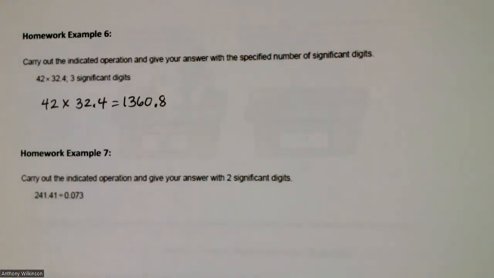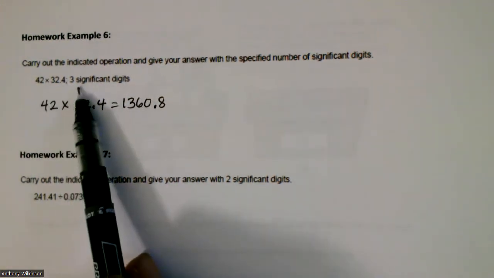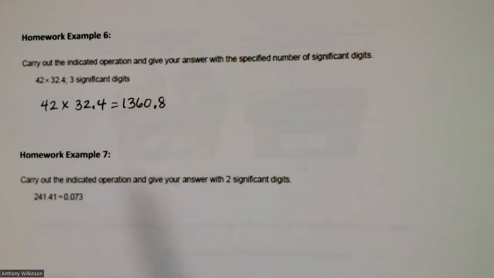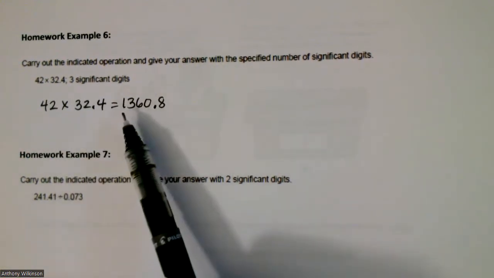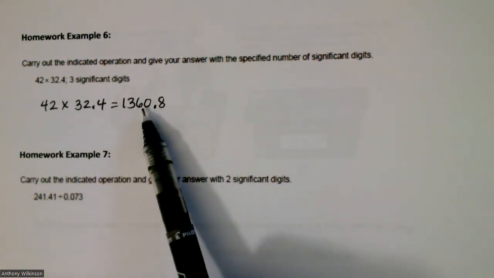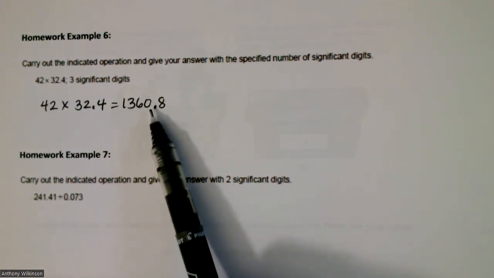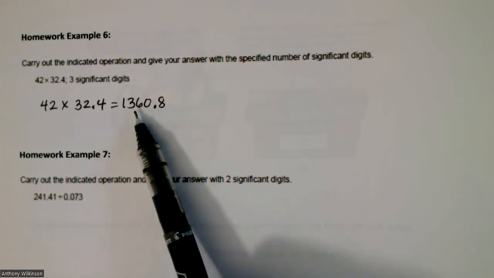Now it does say give our answer to 3 significant digits, as indicated here. Let's count significant digits from left to right. 1, 2, 3 significant digits. That's going to be the third non-zero number from left to right. That's going to be the 6. To the right of it is 0, so that's less than 5. So this 6 remains the same.